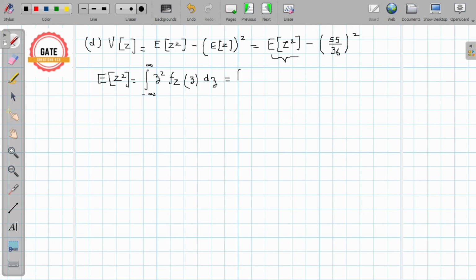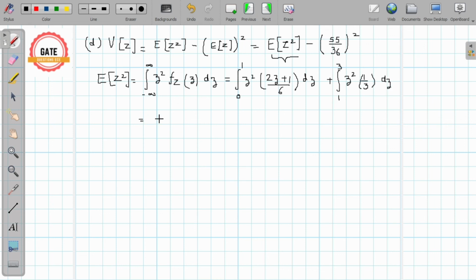So this will be equal to integration Z square from 0 to 1, 2Z plus 1 by 6, dz, plus limits 1 to 3 Z square. PDF value in this range is 1 by 3 dz.